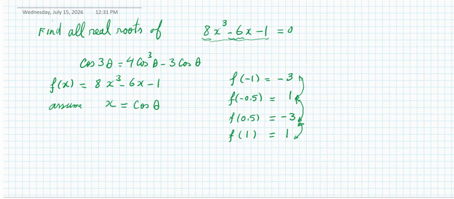Now, if x is cosine of theta, then the equation would be converted into 8 cosine cubed of theta minus 6 cosine of theta, and we take 1 to the other side, is equal to 1.